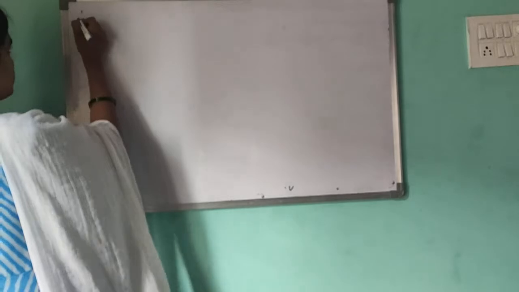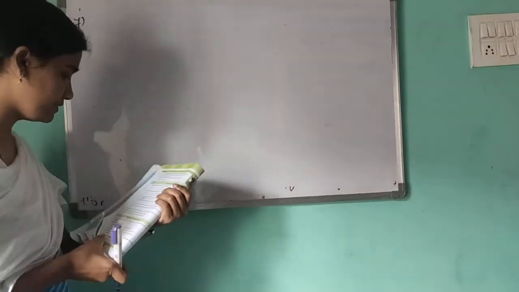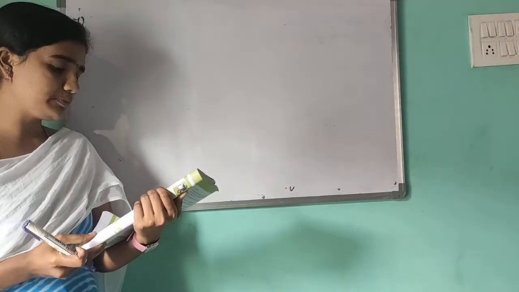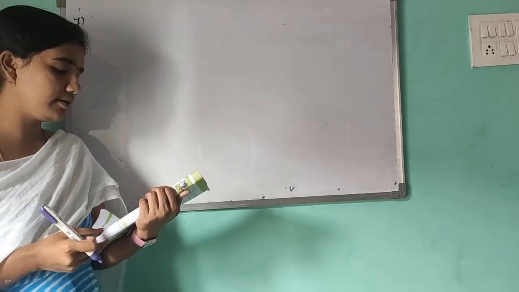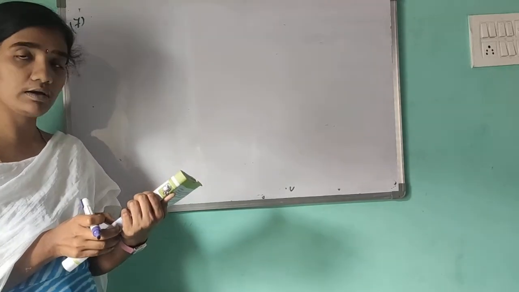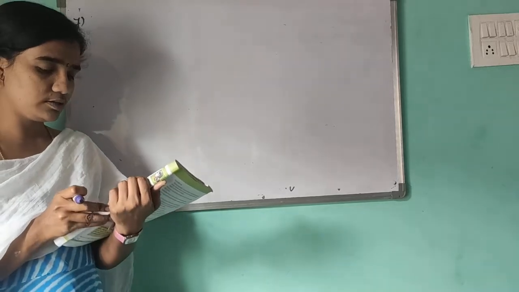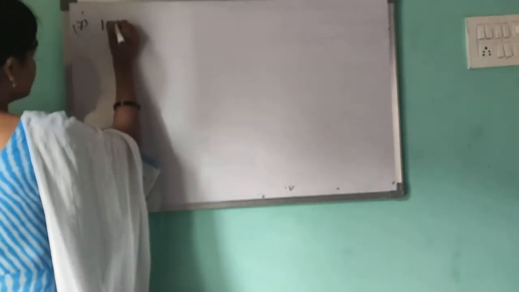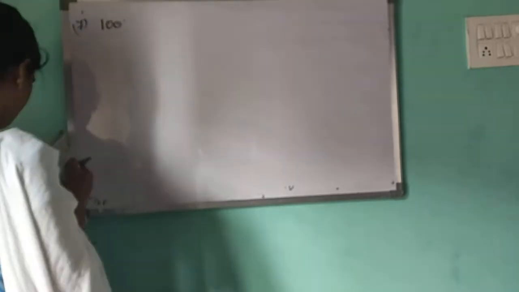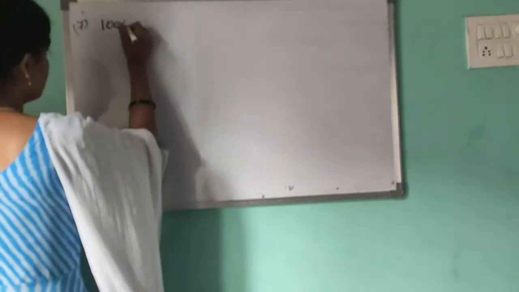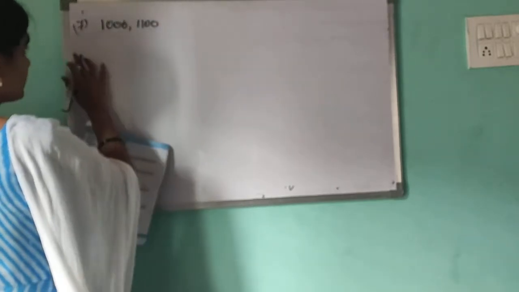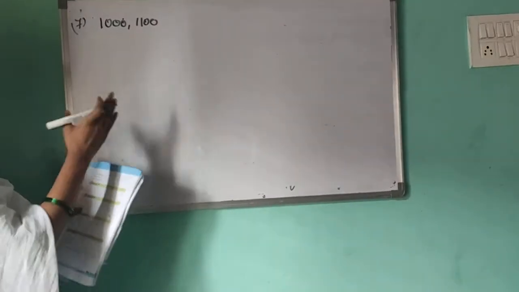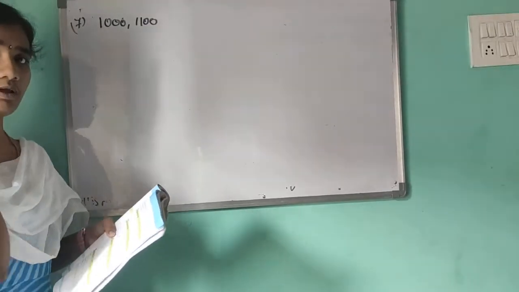Now the seventh sum. All are 2 marks and 1 mark bits. Write all the possible numbers between 1000 and 1100 that are divisible by 11. So the numbers between 1000 and 1100, which numbers are divisible by 11?